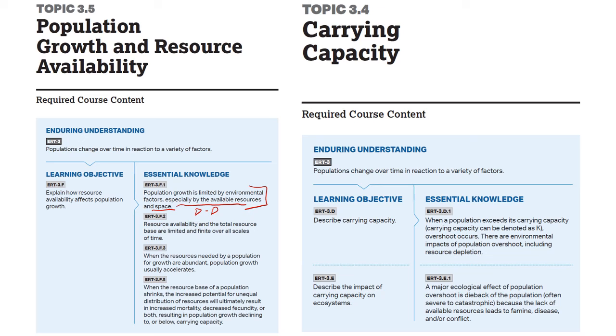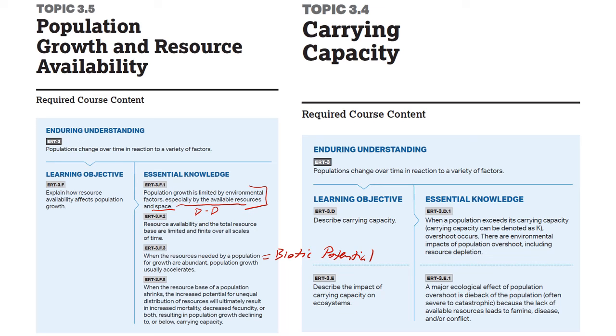They all require resources, and those resources are finite. When resources needed by a population for growth are abundant, population growth usually accelerates. Remember, that is basically our definition of biotic potential. And when the resource base of a population shrinks, the increased potential for unequal distribution of resources will ultimately result in increased mortality, decreased fecundity, or both, resulting in population growth declining to or below carrying capacity.